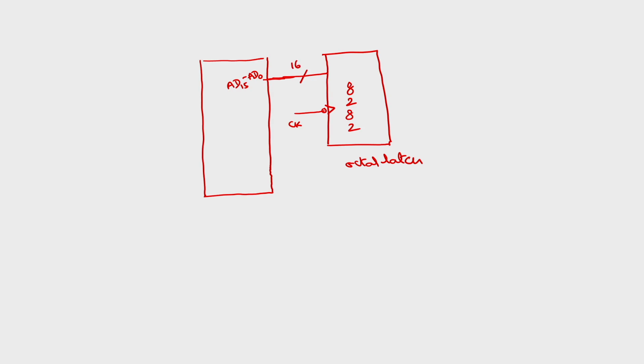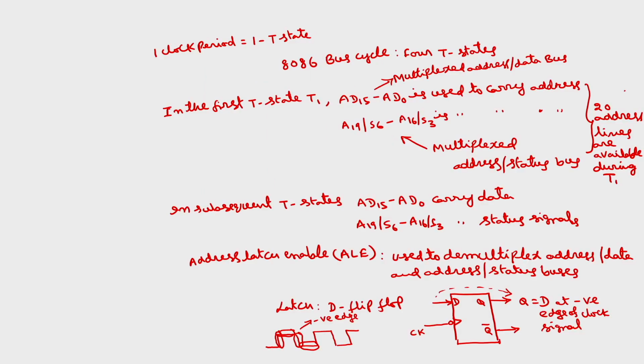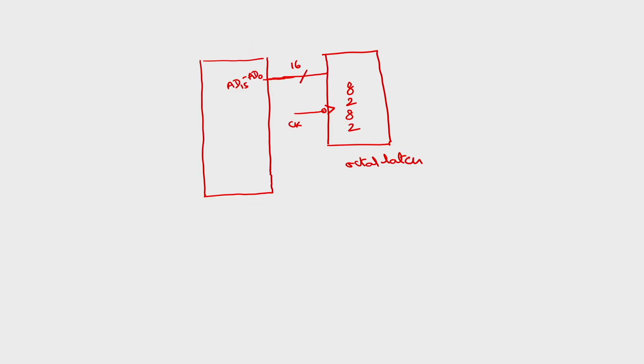Each line, AD0, will be connected to the D input of one latch. AD1 will be connected to the D input of the second latch. Like that there are 16 latches, meaning if I use two sets of 8282 there are 16 D flip flops. So AD0 to AD15 will be connected to the D inputs of all the latches.